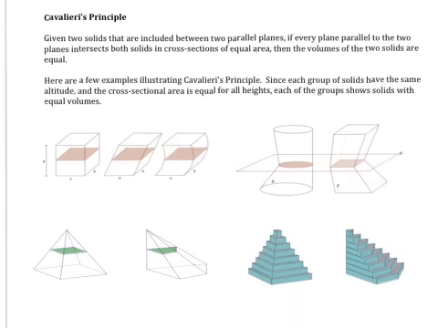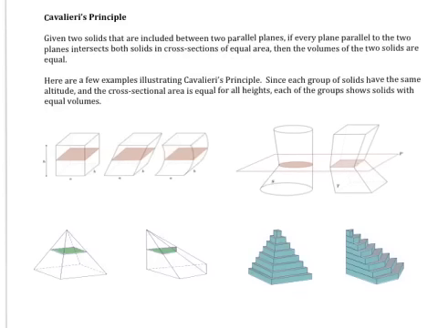So Cavalieri's principle is this: given two solids that are included between two parallel planes, so the bases are parallel, if every plane parallel to those planes, so if every cross section has equal area and they have the same height, then the volumes of the two solids have to be equal.